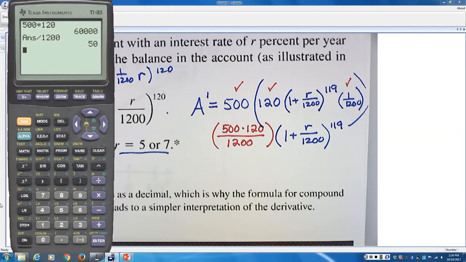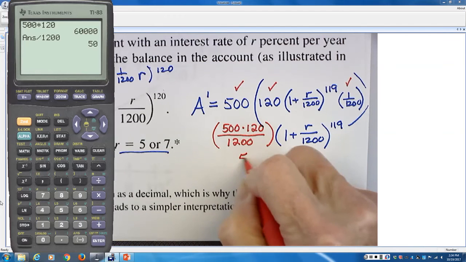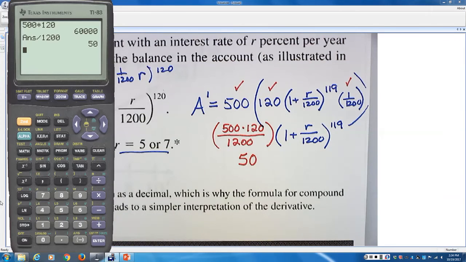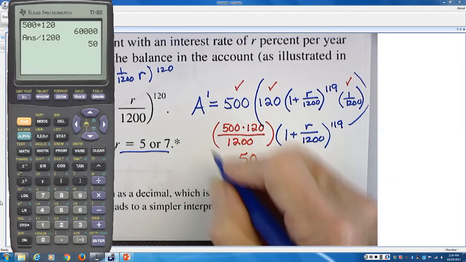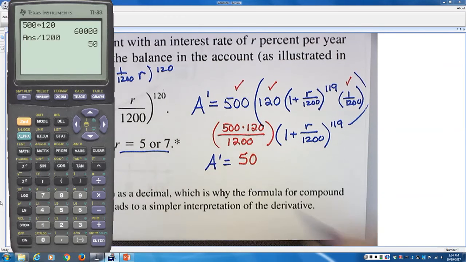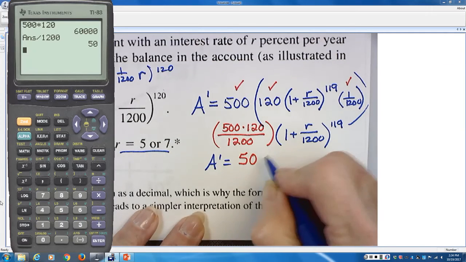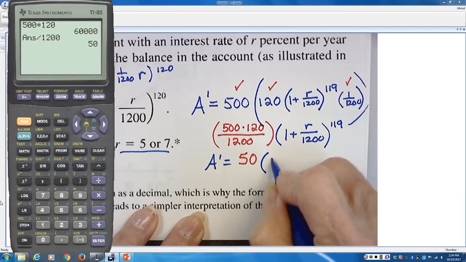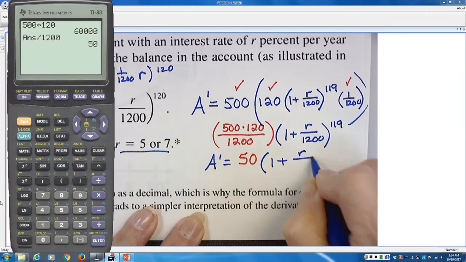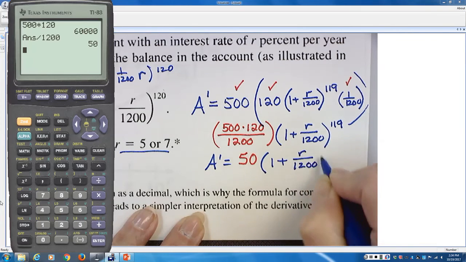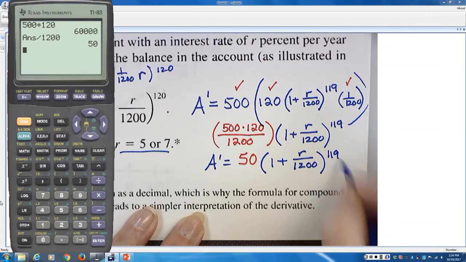And it turns out to be just 50. So A prime, the derivative, is 50 times 1 plus the interest rate divided by 1200 raised to the 119th power.